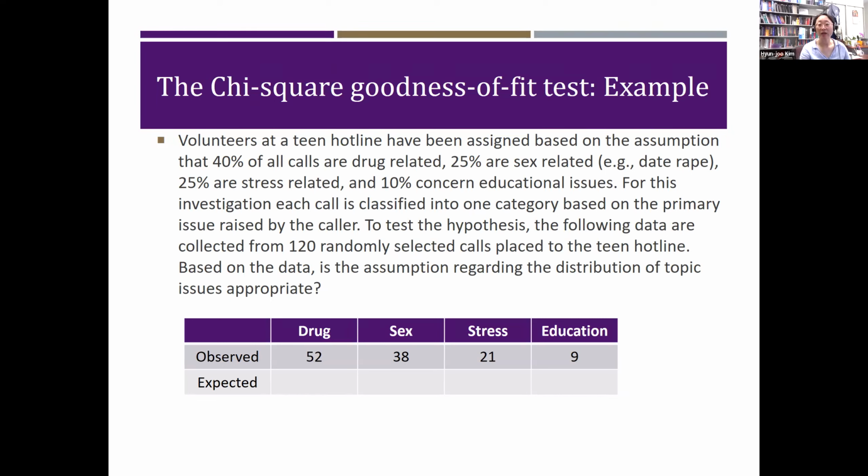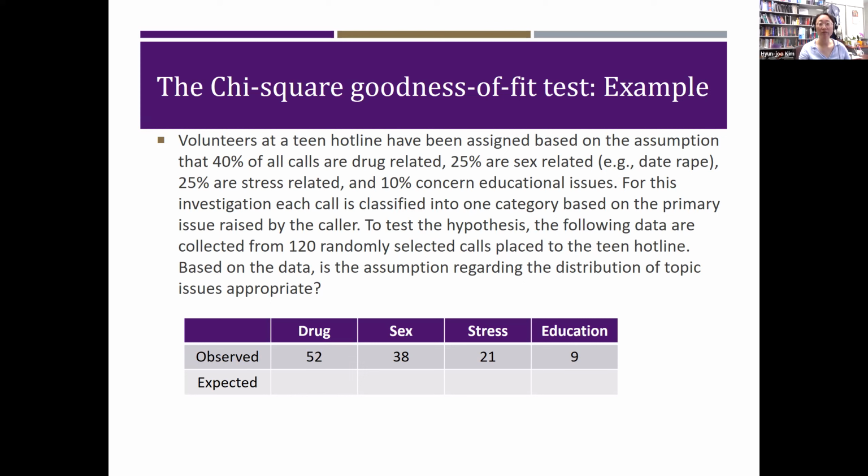The following data are collected from 120 randomly selected calls placed to the teen hotline. Based on the data, is the assumption regarding the distribution of topic issues appropriate? So literally, are these numbers representing 40, 25, 25, and 10% reasonably?